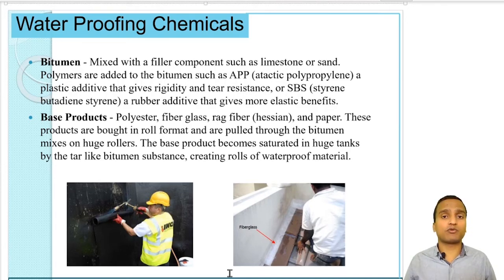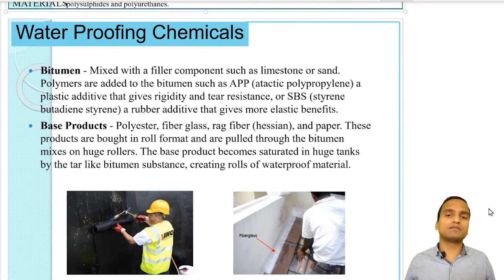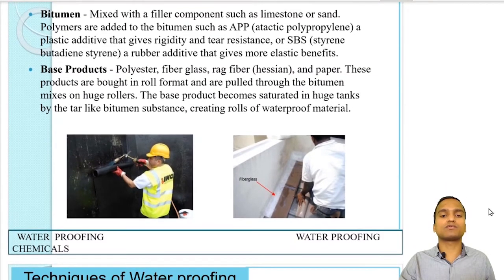And these base products, when mixed in huge tanks with the tar like bitumen substance, create rolls of waterproof materials. And we can use these base products as the waterproof material also, like it is shown in the figures. In this case we are using fiberglass, and in this case we are directly using the bitumen, okay.